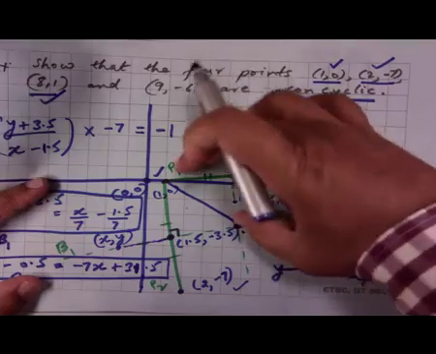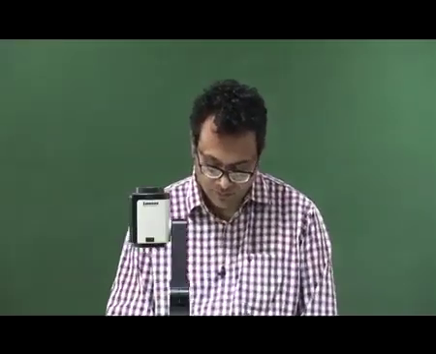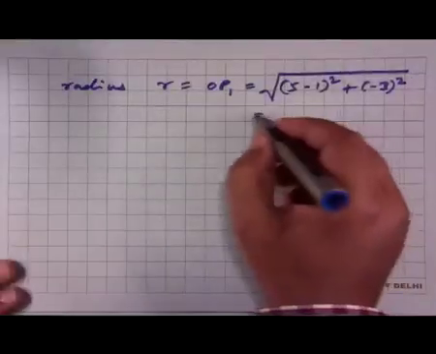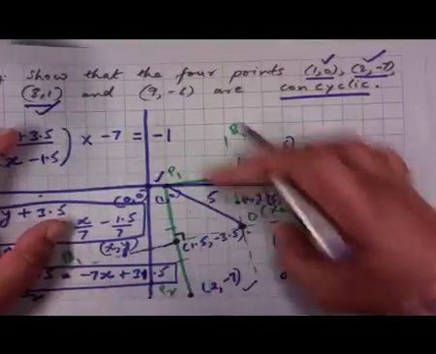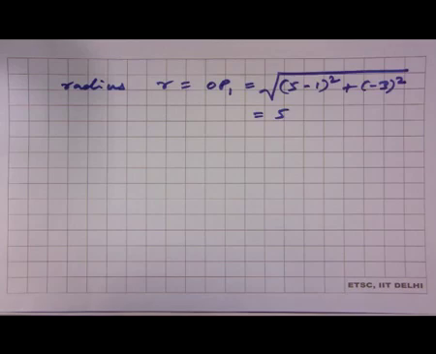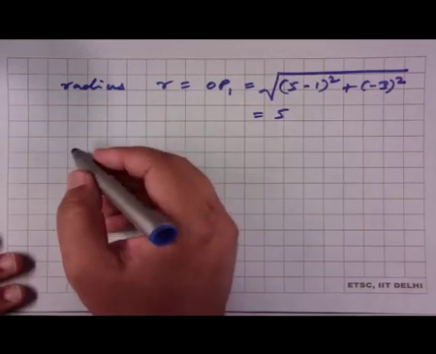It will be this distance. So, the radius r comes out to be 5 units, and then it is very easy to write the equation of the circle.